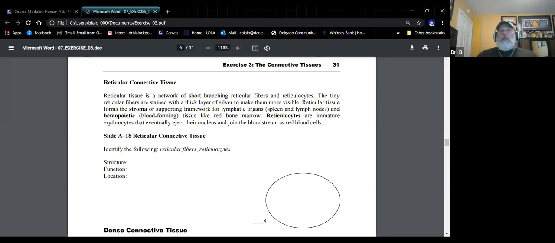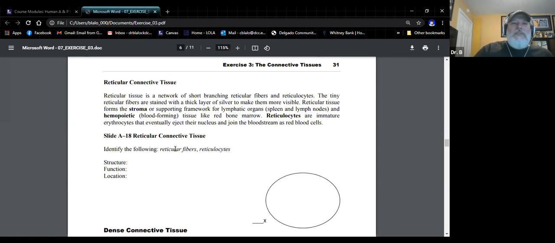While most of our generation of red blood cells comes from red marrow, we do see these reticulocytes eventually become red blood cells. So when we take a look at reticular connective tissue, we'll identify the reticulocytes, but we'll also identify all of the reticular fibers.